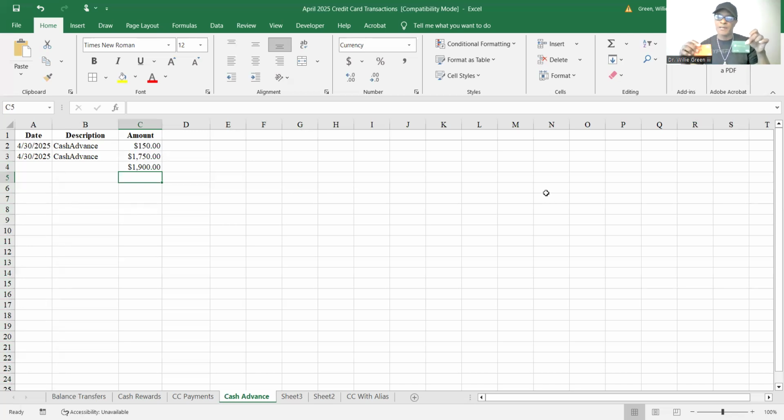And as long as I pay it back to Navy Federal before the due date, then there's 0%. It's either the due date or the statement date. I need to go back and look. But I'm paying it back by the due date, so I don't get charged any interest.